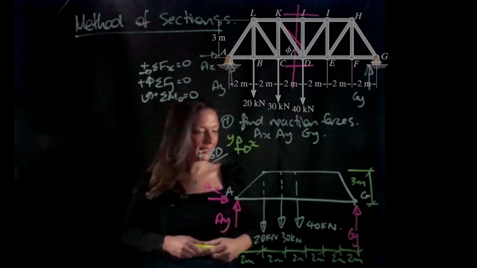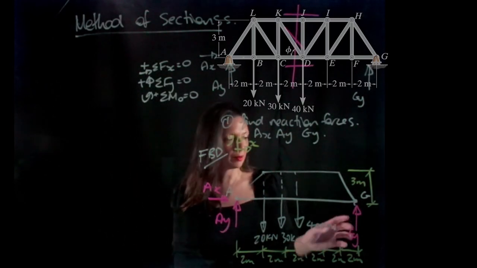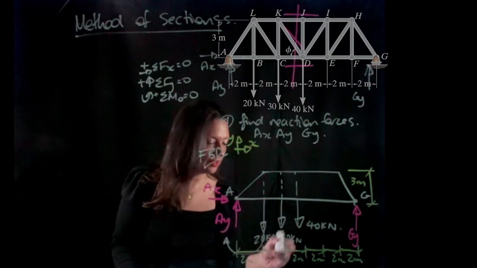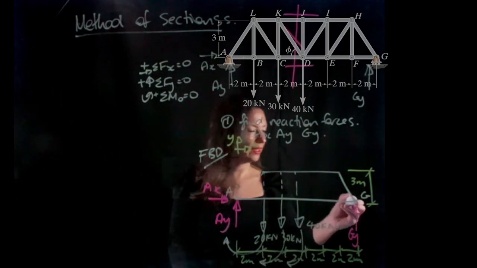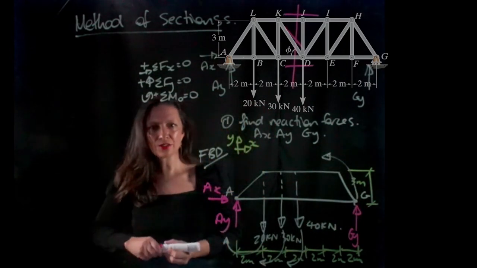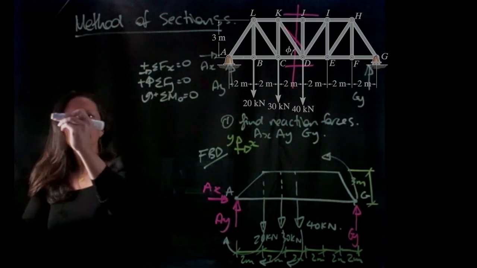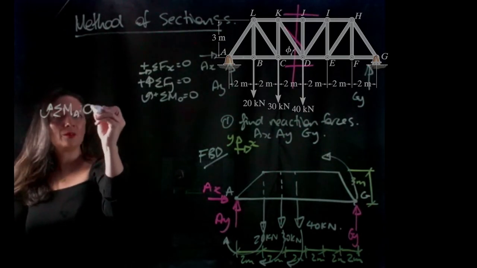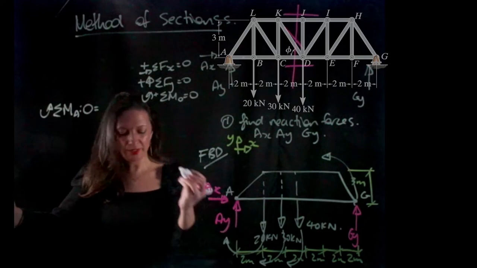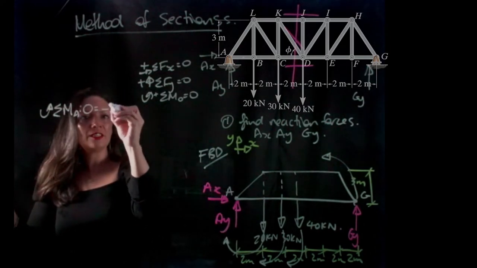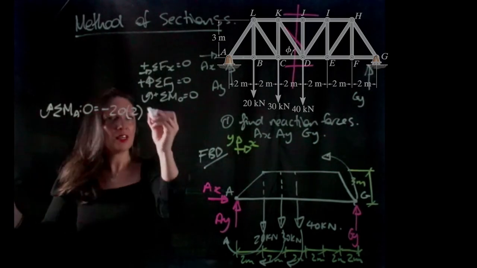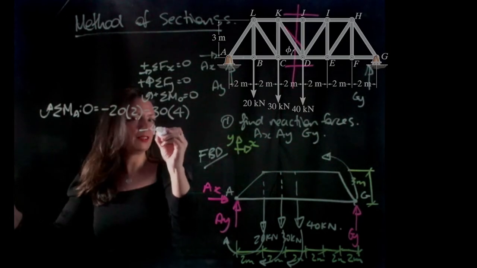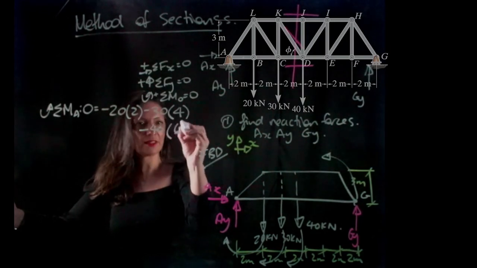Okay, let's calculate our reaction forces. So if I'm going to take the sum of the moments around A, which direction are these forces going to go? It's going to go this way, so these ones are all negative, and GY is going to be in the positive direction. So the sum of the moments around A has to equal 0. And what do we have? We have 20 kilonewtons, that's negative, and my perpendicular distance is 2, minus 30 kilonewtons, and my perpendicular distance is 4, minus 40 kilonewtons, and we have 6 meters.